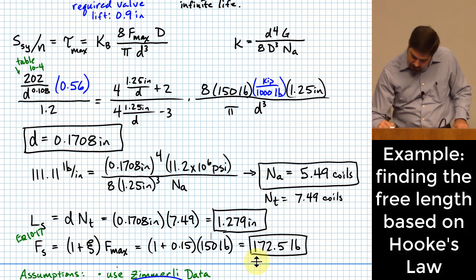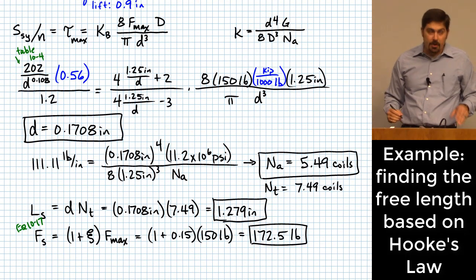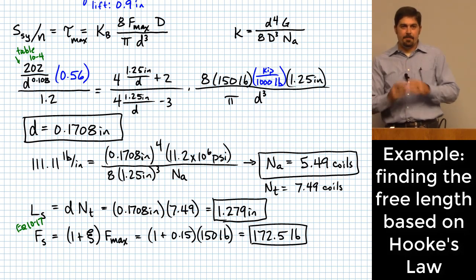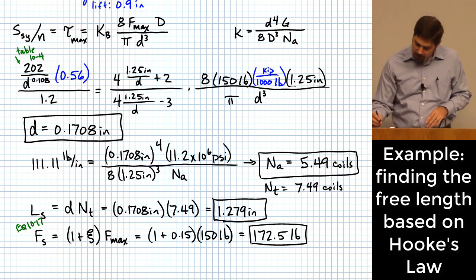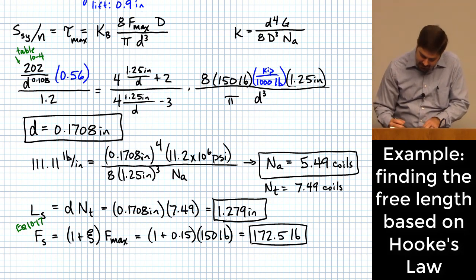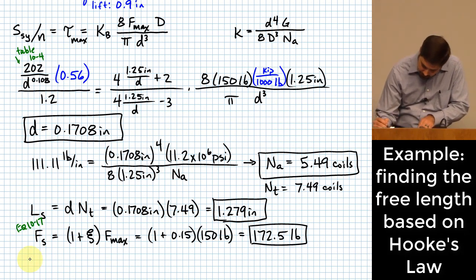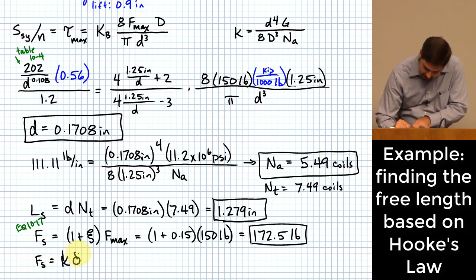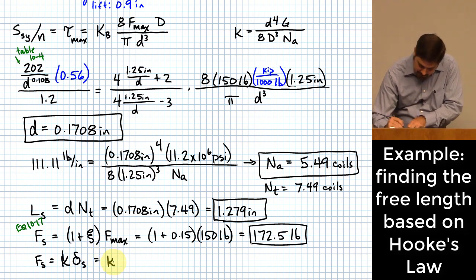We go back to understanding Hooke's law and the fact that if we know force, then we can use spring constant to find a delta, right? So what I can say there is Fs is equal to K, spring constant K, delta S, which is equal to K times the free length minus the solid length.